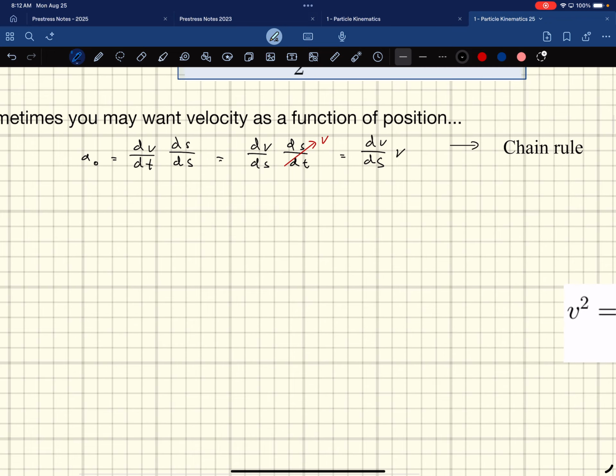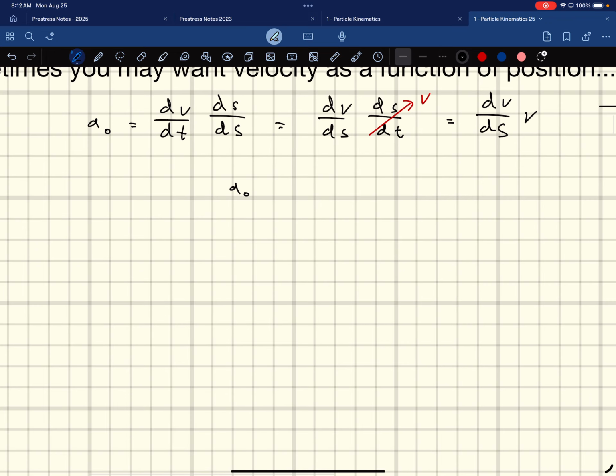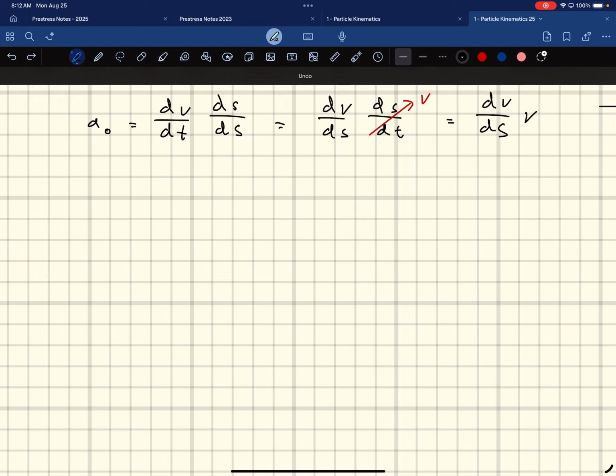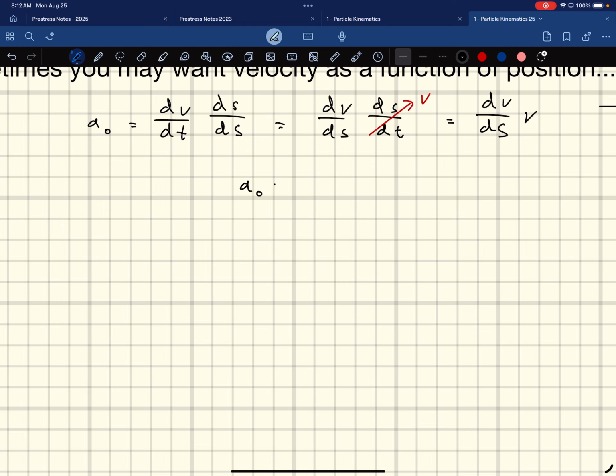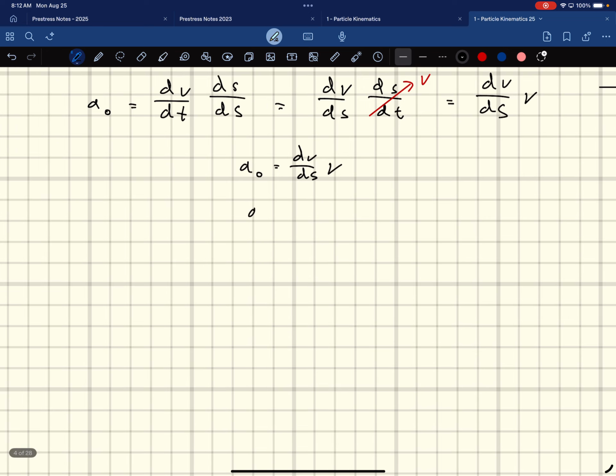Okay, so let's come back, just rewrite this thing here. a naught is equal to dv ds times velocity. I'm going to put the ds on this side over here. a naught ds is equal to v dv. And we've got the ds's on one side and the dv on the other.